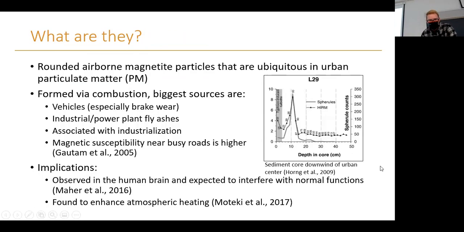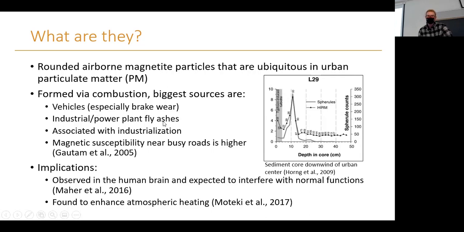So these are rounded airborne magnetite particles that are ubiquitous in urban particulate matter. They're formed via combustion. They're released into the air and quickly cool into these shapes. Vehicle brakes are thought to be a very large source of these particles.